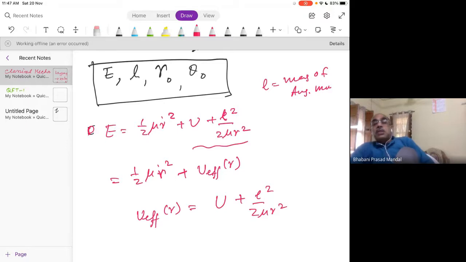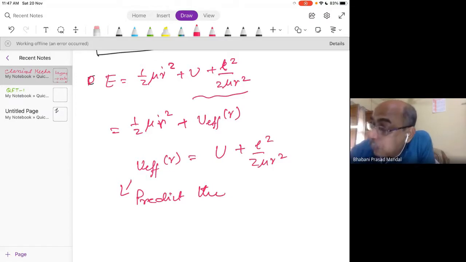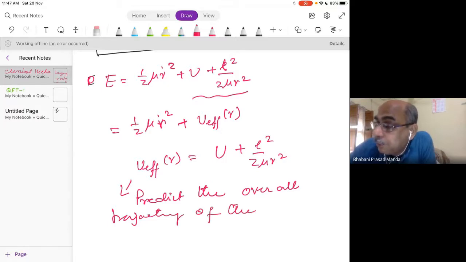For that we'll consider a specific example, which means U has to be some specific form. This will help to predict the overall motion or trajectory of the particle.